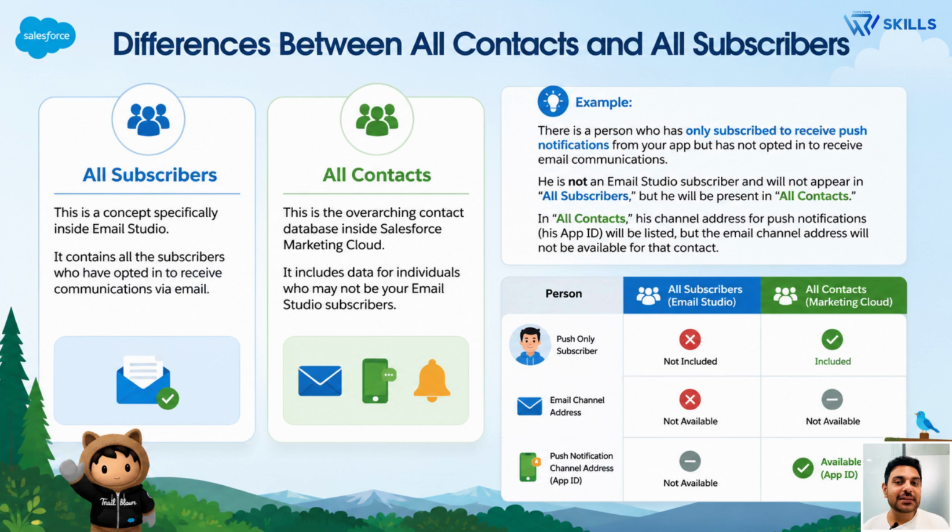So he is not your Email Studio subscriber. He will not be present inside All Subscribers inside Email Studio, but he will be present in All Contacts, where his channel address for push notification, that means the app ID, will be mentioned. But the email channel inside All Contacts for that particular contact won't be available.